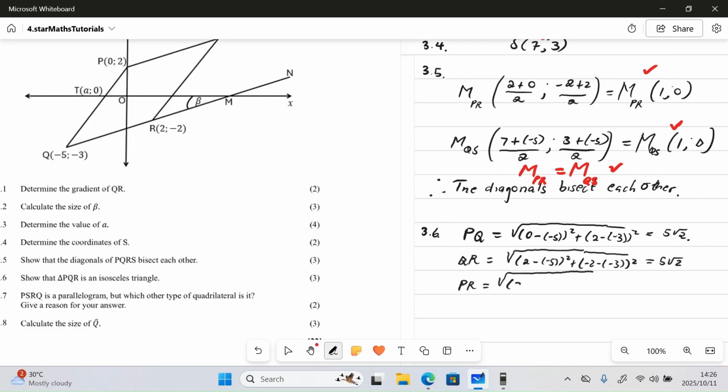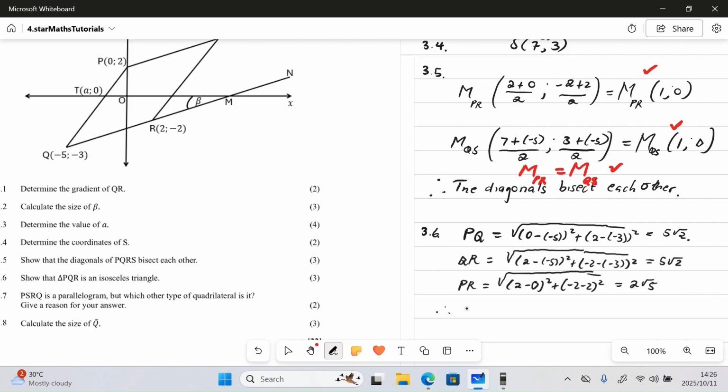So here we have 2 minus 0, all squared. Then we have minus 2, all squared. Then 4. Then that is 2 root of 5.